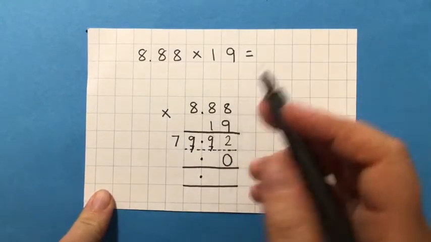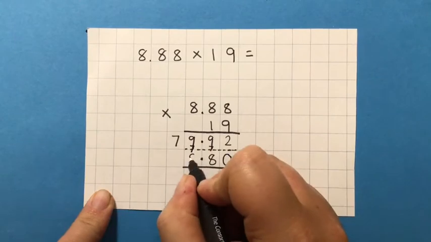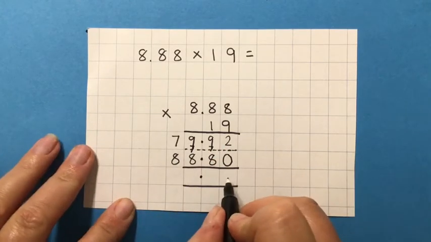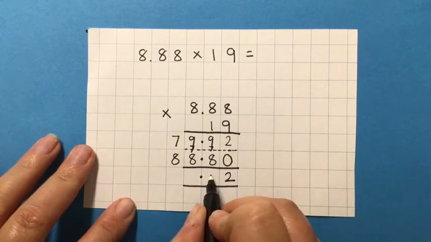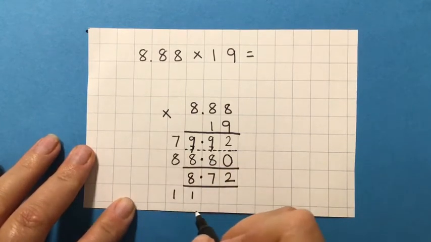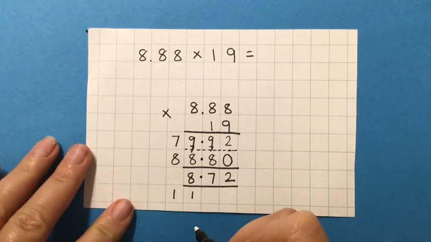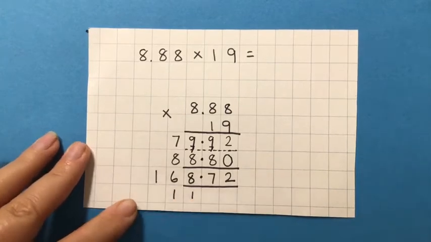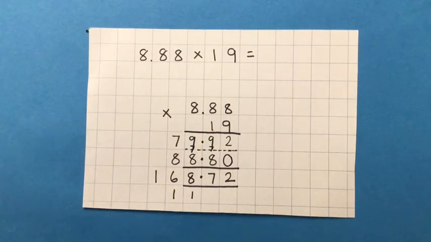Same again. 1 times 8 is 8, 8, 8, and then we can add them together. So 2 add 0 is 2, 9 add 8 is 17, add the 1 is 18, and then 7 add 8 is 15, add the 1 is 16. So the answer to that would be 168.72. Okay? Making sure again that you've got the decimals in the right place.